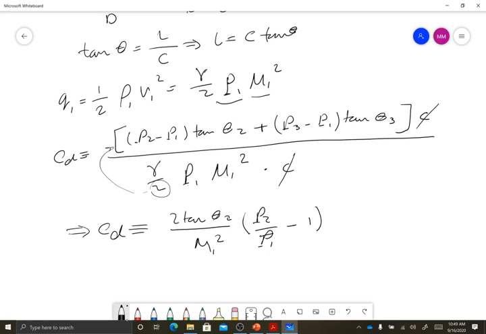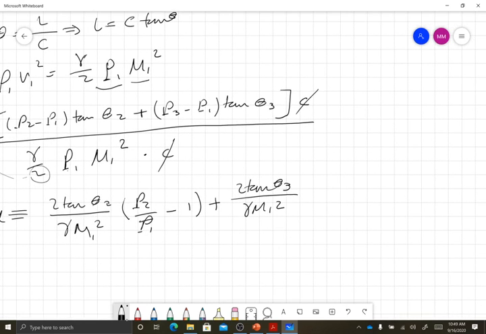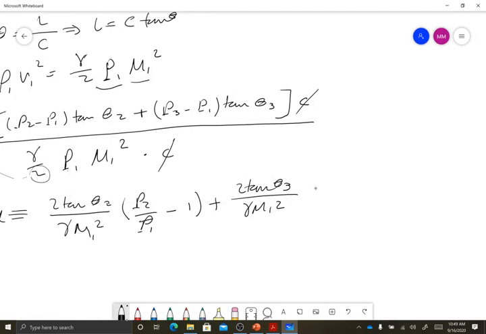P1 over P1, plus 2 tangent of theta 3 over gamma M1 squared, I forgot the gamma, gamma M1 squared, multiplied by P3 over P1 minus 1. So P1 divided by P1 is going to be 1.